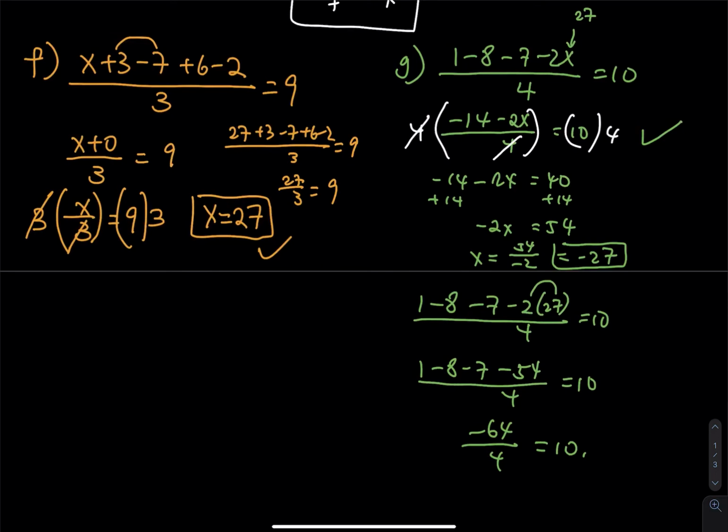So 40 plus 14 is 54, equal to negative 2x, and then 54 divided by negative 2 is negative 27. Did I make a mistake anywhere? I don't see a mistake anywhere. I must be overlooking something.